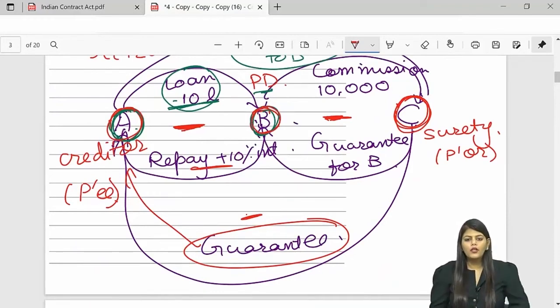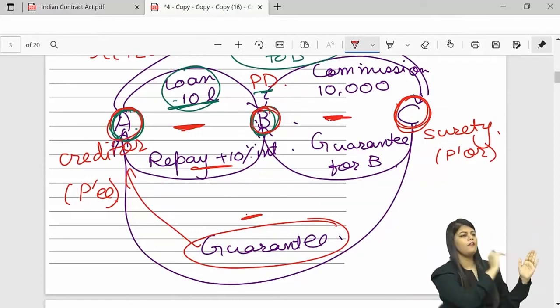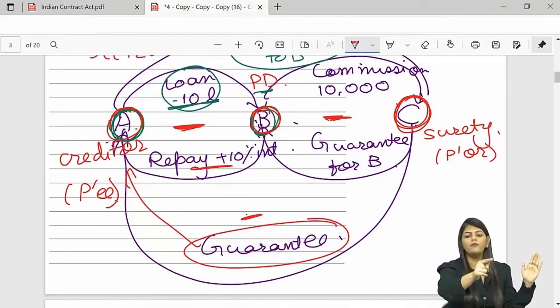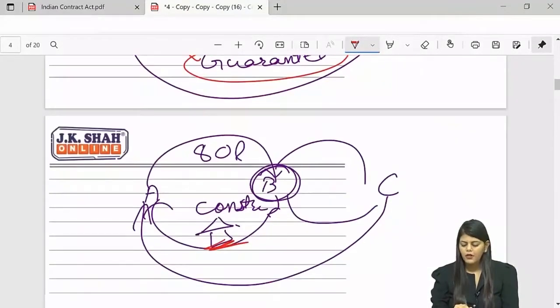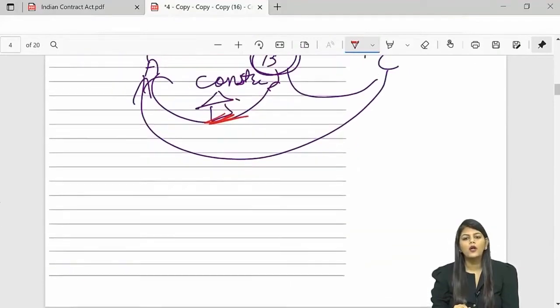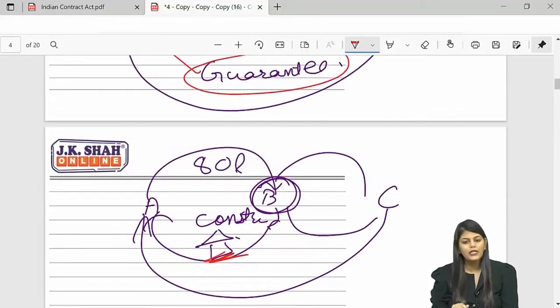Here the contract is between A and C, B is a third party only. So C tells A, if B does not perform, I will perform. C tells A, if B does not pay, I will pay. So this is a contract of guarantee. So this was your section 126 and section 127.